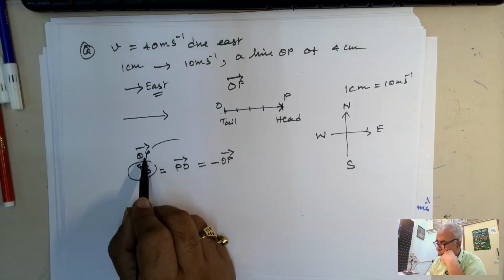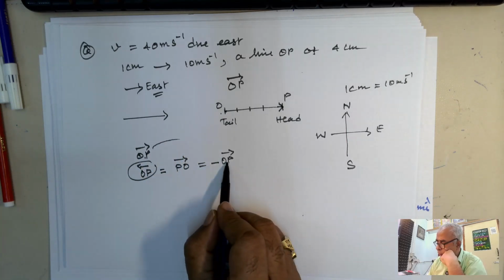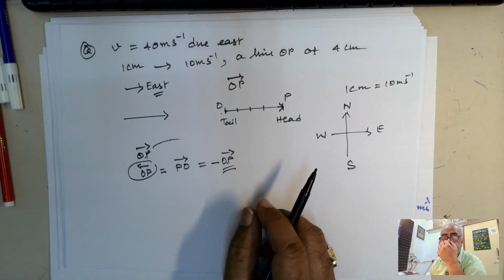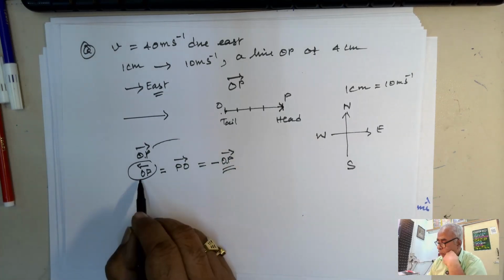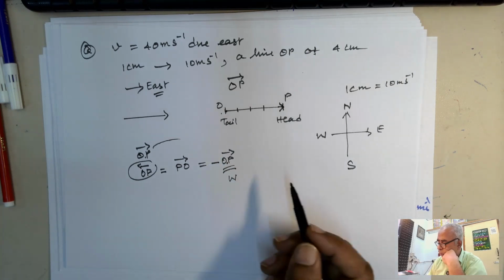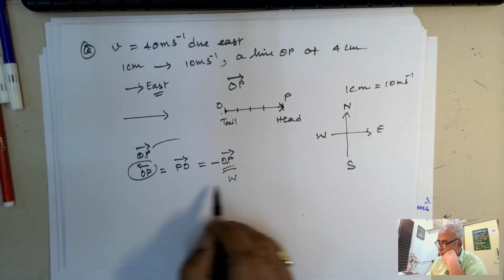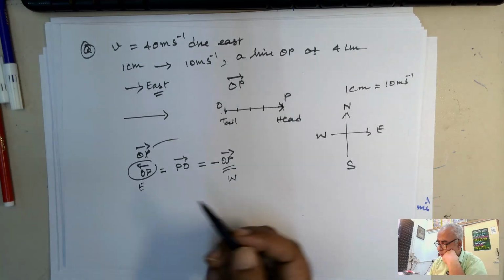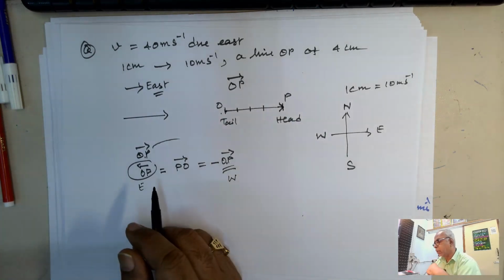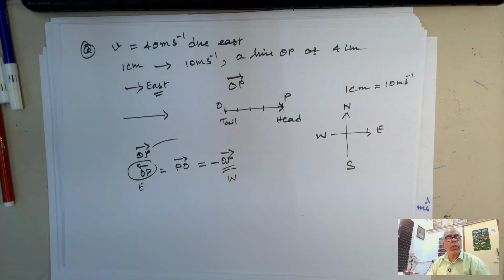So negative OP means reversed. This is the easy way of handling the directions. Do you understand? Now, what is the direction of this minus OP? It is westward, right? Yes. And what about this? This is east, right? Okay, so you should be able to understand just based on the symbolic representation of the vector.